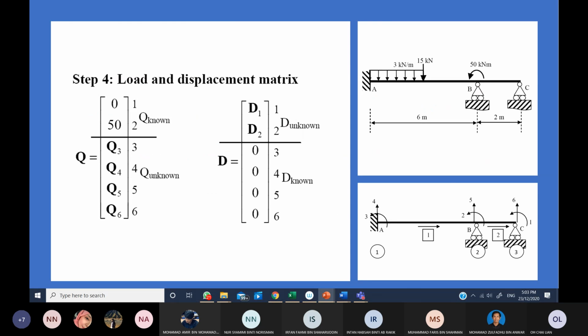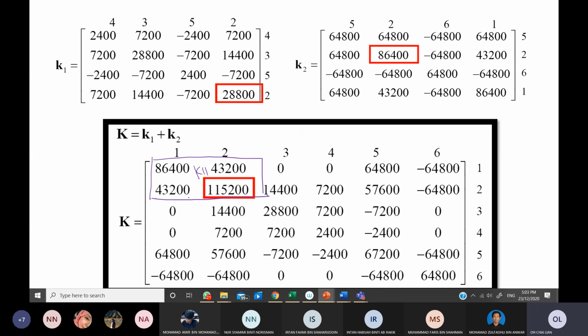For example, K21 is here. So this 0 multiplies D1, where D1 and D2 are the answers you already found. Let's say X, Y. So it will be 0 multiply X plus 14400 multiply Y, and then plus Q naught. Then you got your Q value.